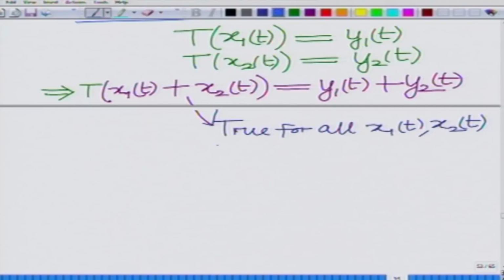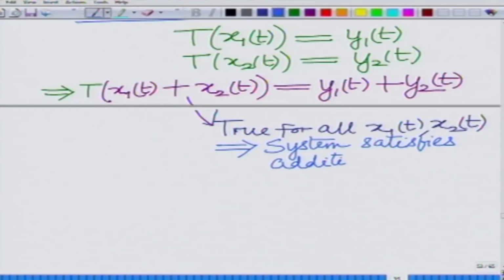If this is satisfied, the system is additive. The system satisfies the additivity property.